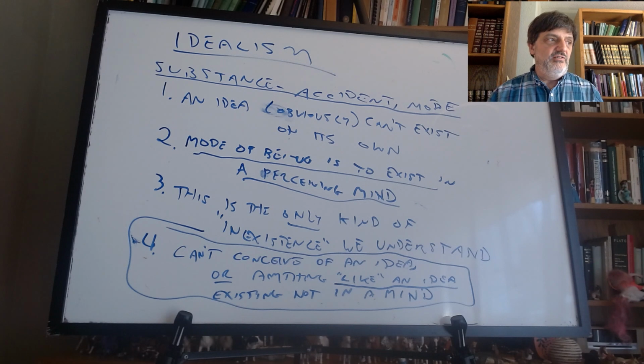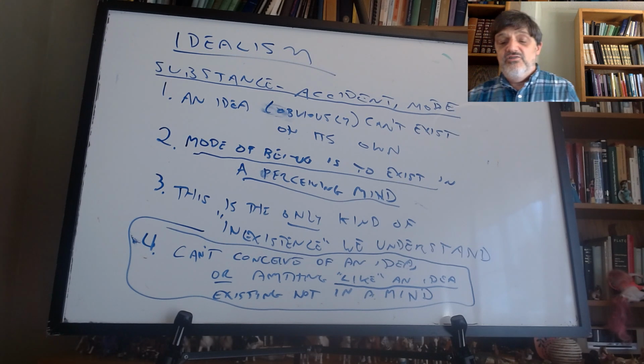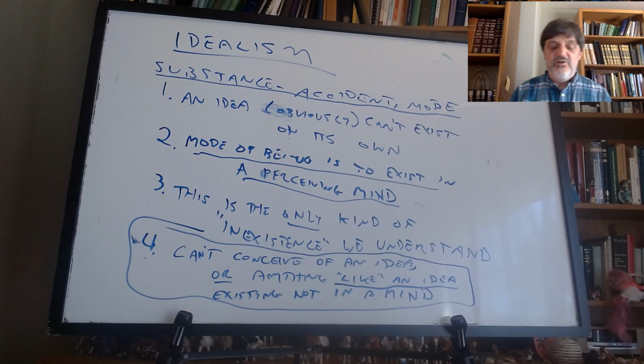So, like Locke, whether Locke agrees or disagrees with the first point depends on how you understand Locke. But as I understand Locke, he agrees. So when Locke says that the primary qualities like shape and solidity and so forth also exist outside the mind or something like that, he doesn't mean that those ideas that are in a mind are also in bodies, but he means that something that resembles them is in bodies.